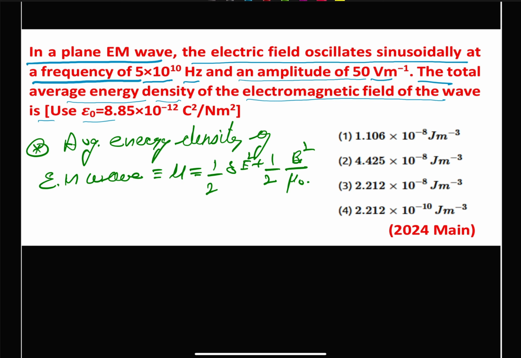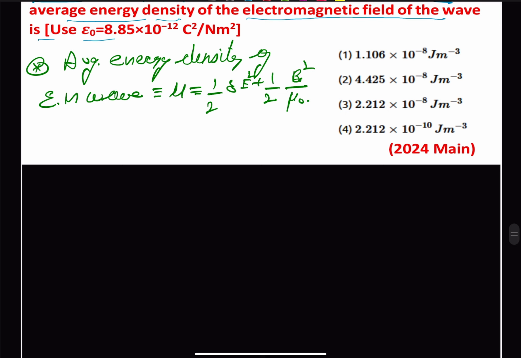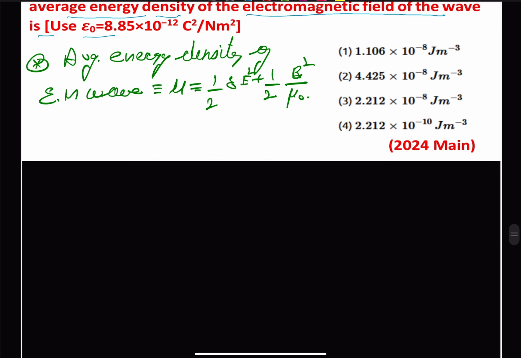And we also know that in case of EM wave, both electric as well as magnetic field contribute equally towards the energy density. Okay. So this part is important, because if we go into the formula, it looks like the energy density should be the energy because of the electric field plus energy because of the magnetic field.